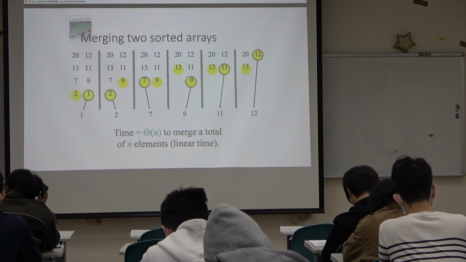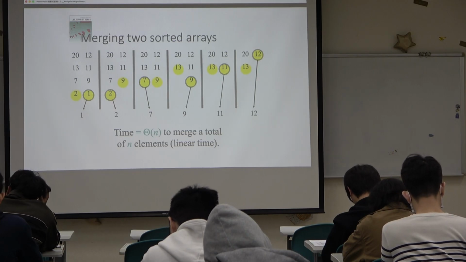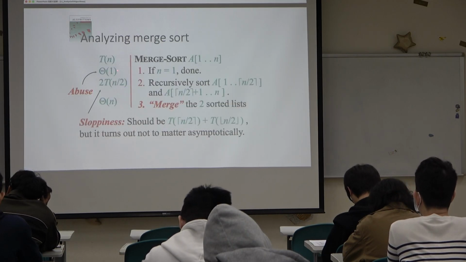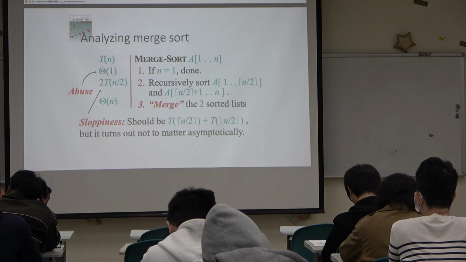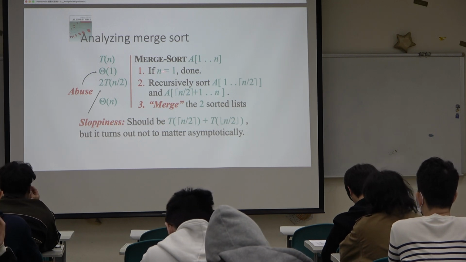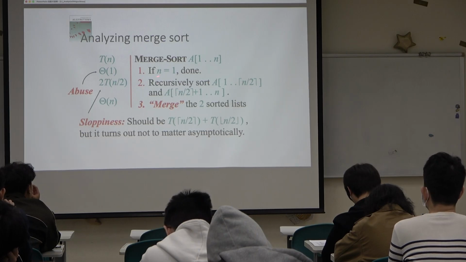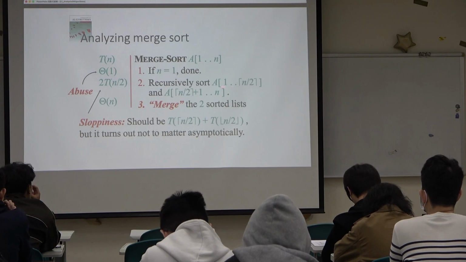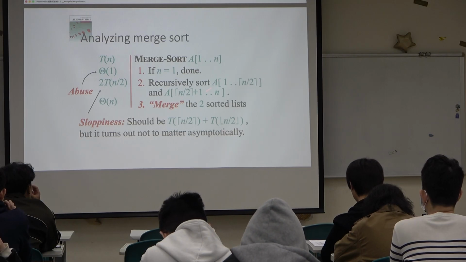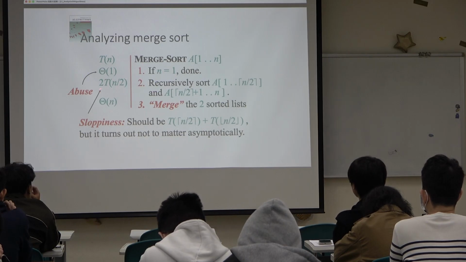Then the time complexity of merge sort is the following. If n is 1, it's done, so it's theta 1, just a constant count. In the second step, you recursively call merge sort on the first half and the second half, so it's 2 times T of n divided by 2.